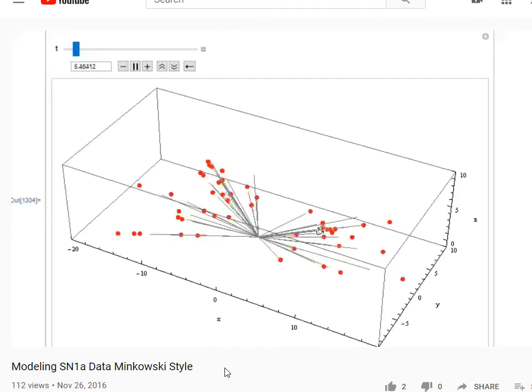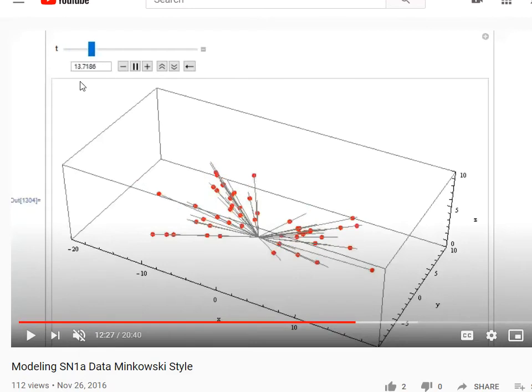So see right there, it says 13.7186. Right there is when every galaxy, at this instant, should simultaneously leave the origin, according to Hubble's law.